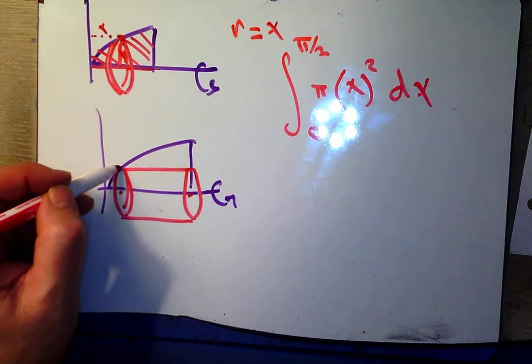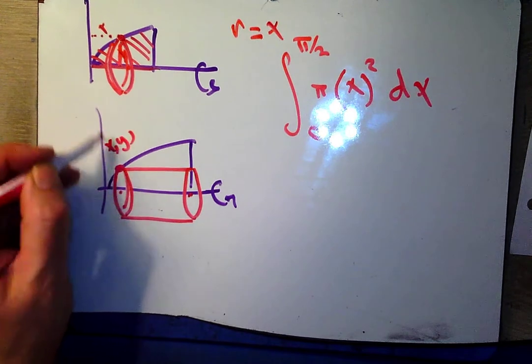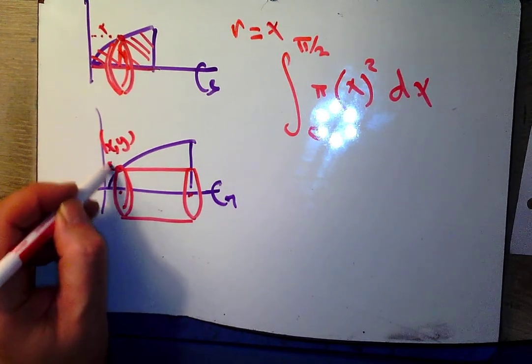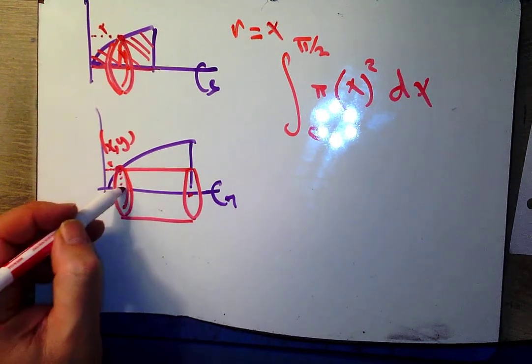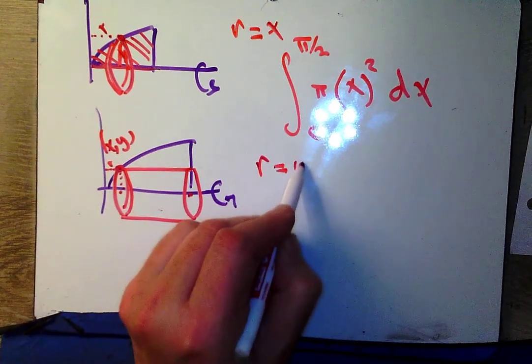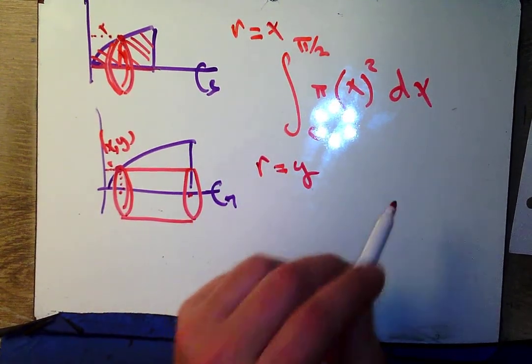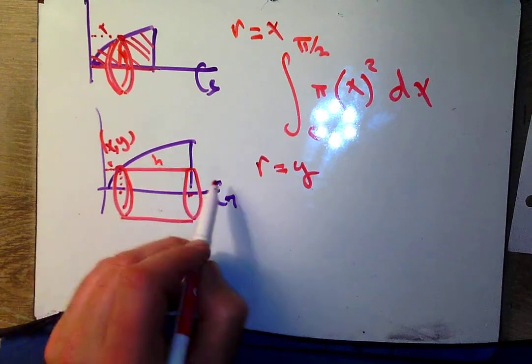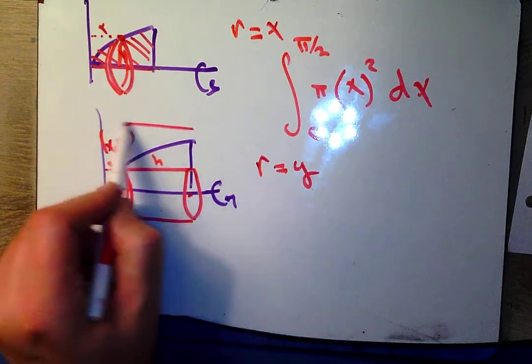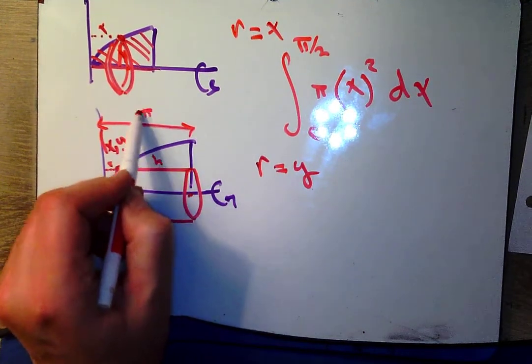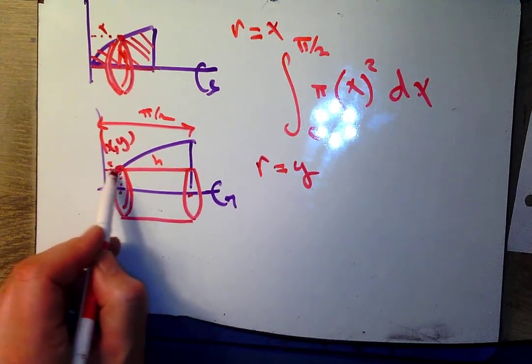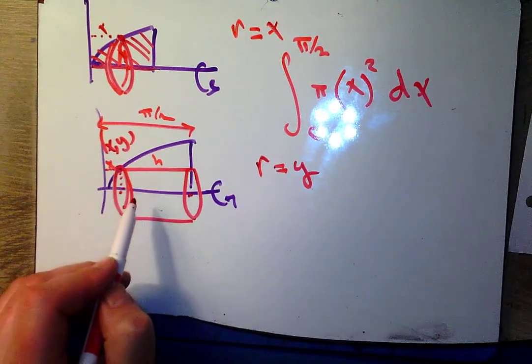Fabulous. Over here there's this point called xy. I know this amount is x, and this amount, oh, that's the radius. Radius is y. Good. Now, what about the height? Well, I know that this distance is pi over 2, and this distance is x.